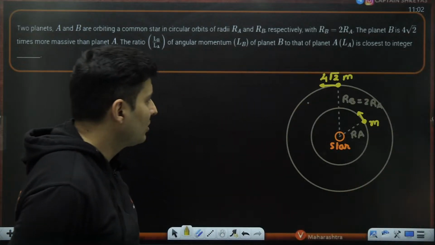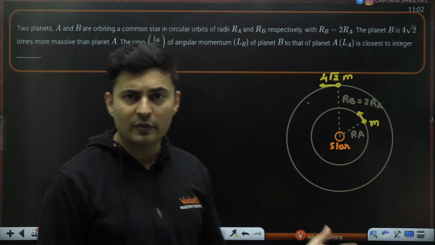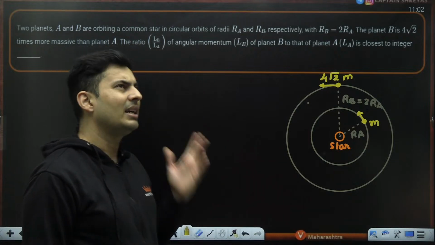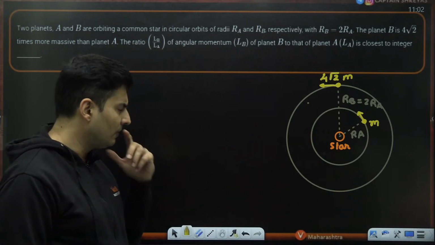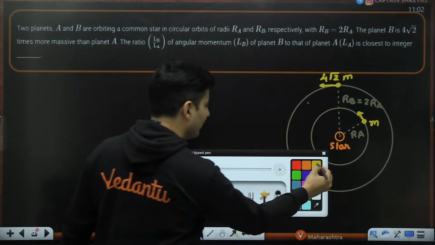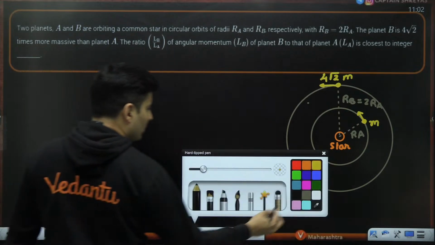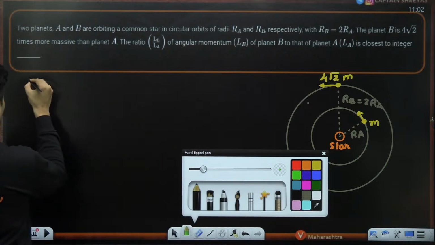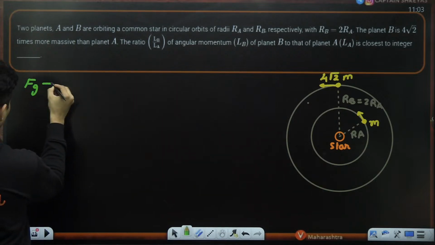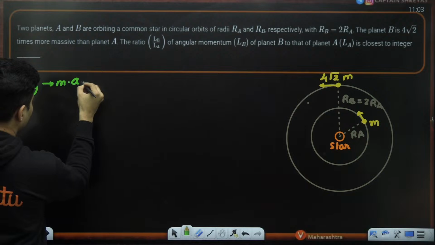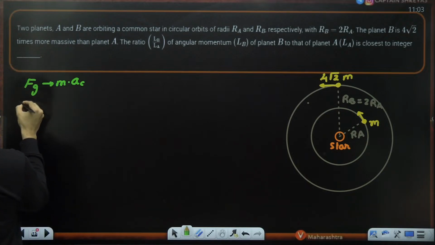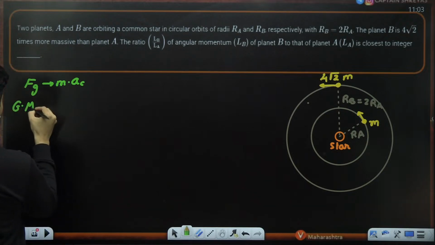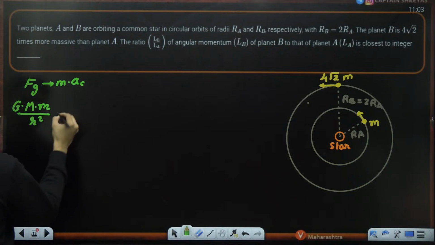Well, you can start solving this by equating gravitational force to centripetal force. If you just do it in general, the gravitational force will be mass into centripetal acceleration. Gravitational force will be G, mass at the center, mass of the planet, divided by the distance squared.